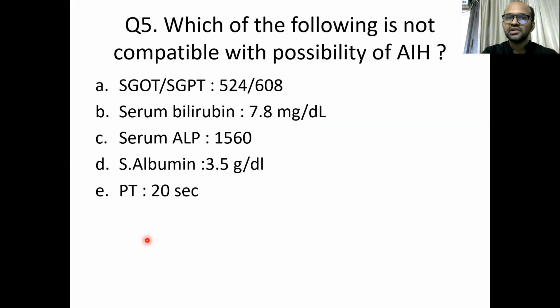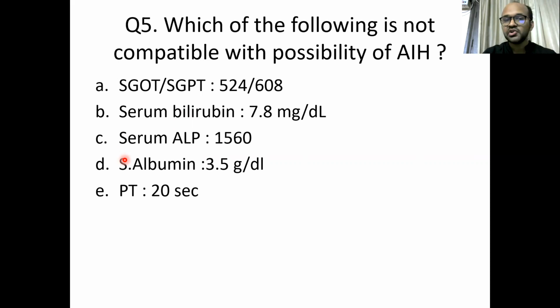Now, which of the following is not compatible with the possibility of autoimmune hepatitis? In autoimmune hepatitis, the SGOT and SGPT can range from 100 to 1000. So this is true. Bilirubin can be elevated in advanced cases, but ALP is near normal, or only modestly elevated.